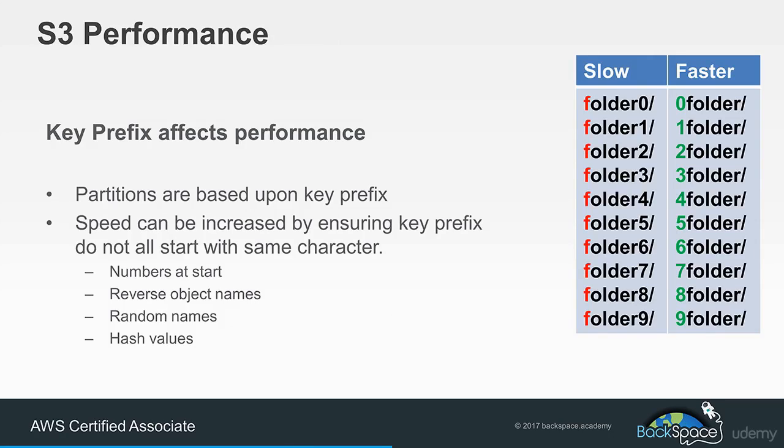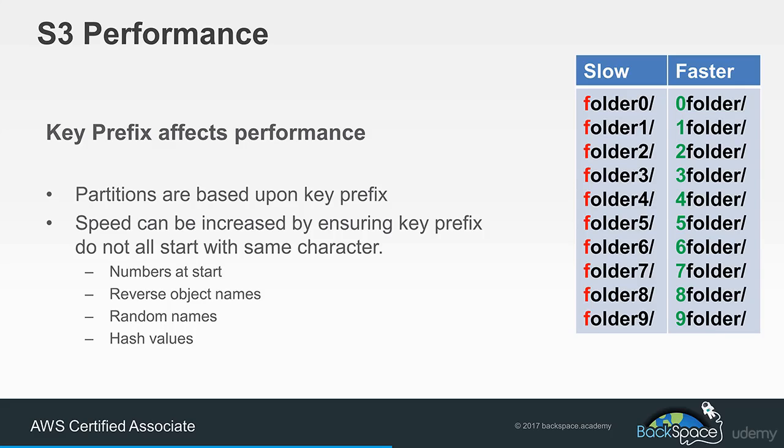Now, the way that you upload objects and the naming of those objects can affect the performance of your S3 bucket. So what you use for a key prefix will affect that performance.